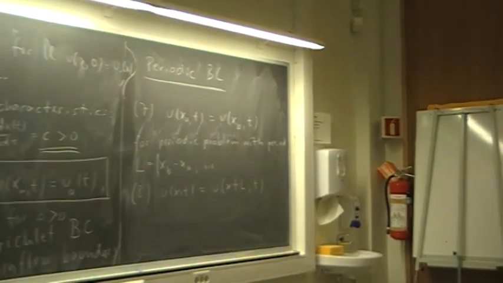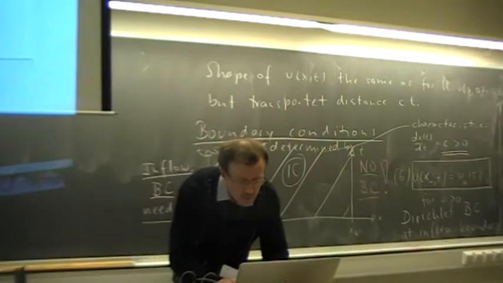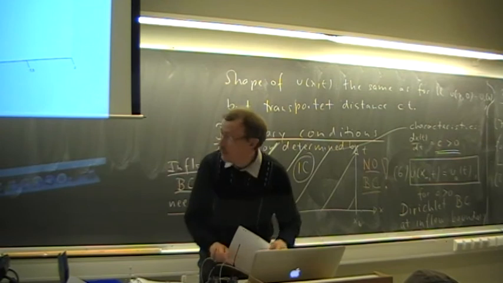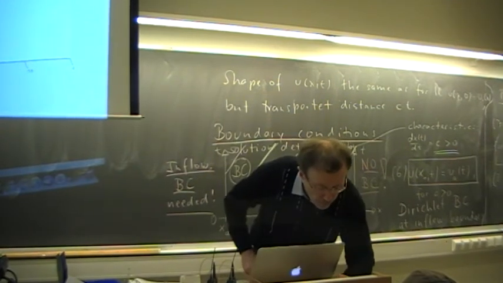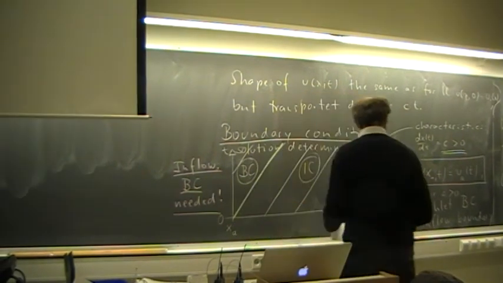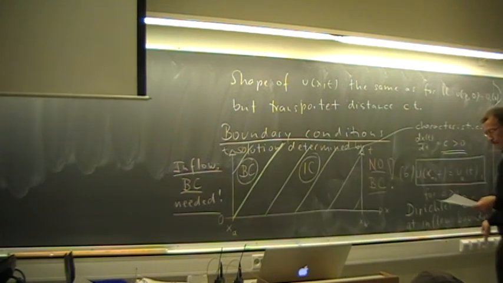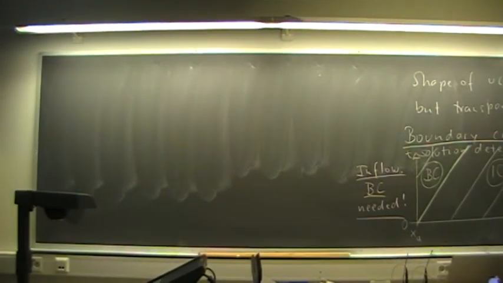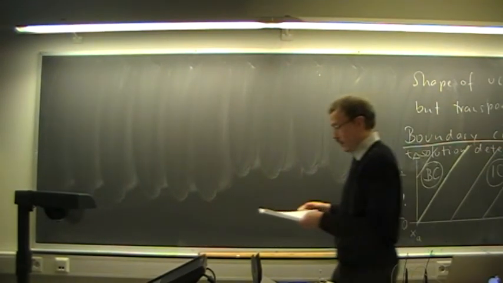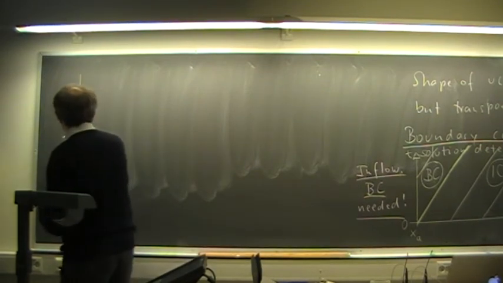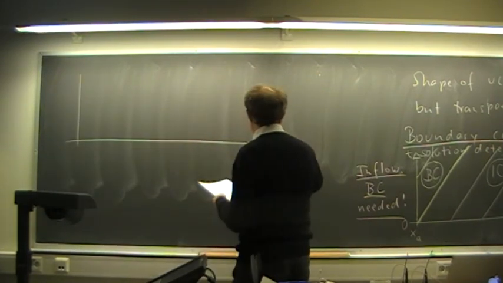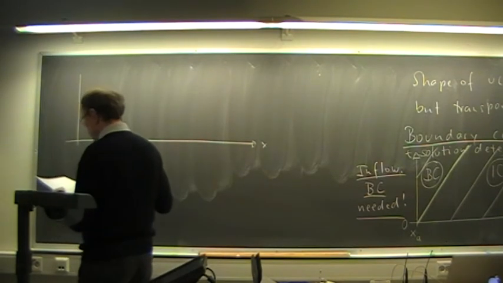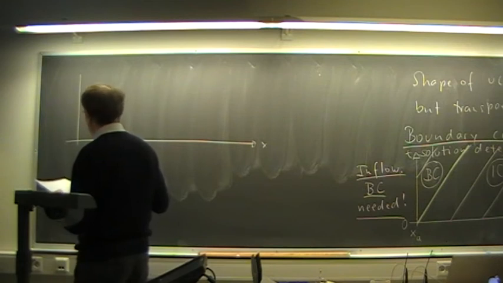So let's see if we could see that here. Give an example of a periodic problem. If we have a sine or cosine, then that is easy, but it can be more complex than that.